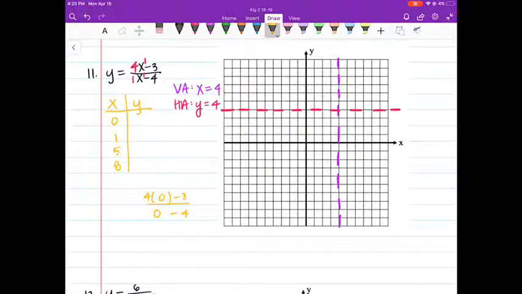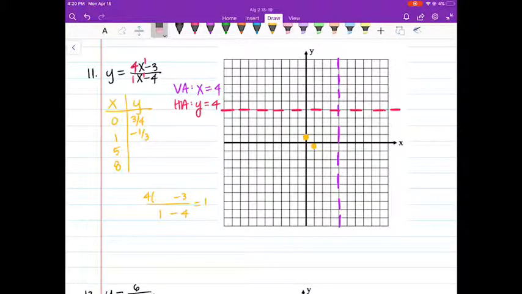Well, that's negative 3 over negative 4. That's a positive 3/4. And then plugging in 1, that gives me 4 times 1 is 4. Minus 3 would be a numerator of 1. Over negative 3, we're looking at a negative 1/3.